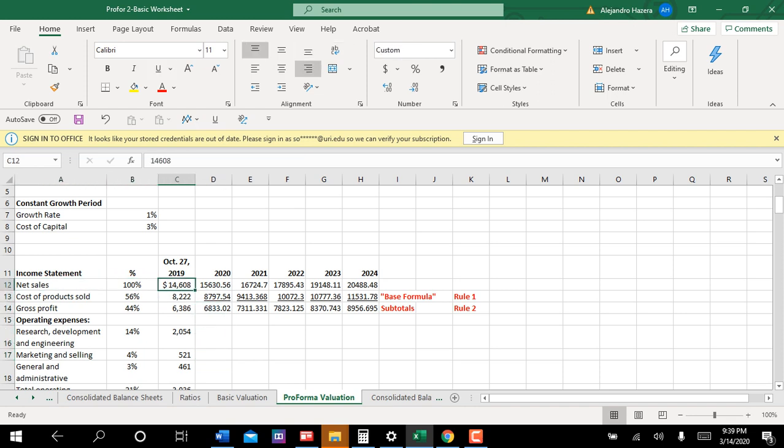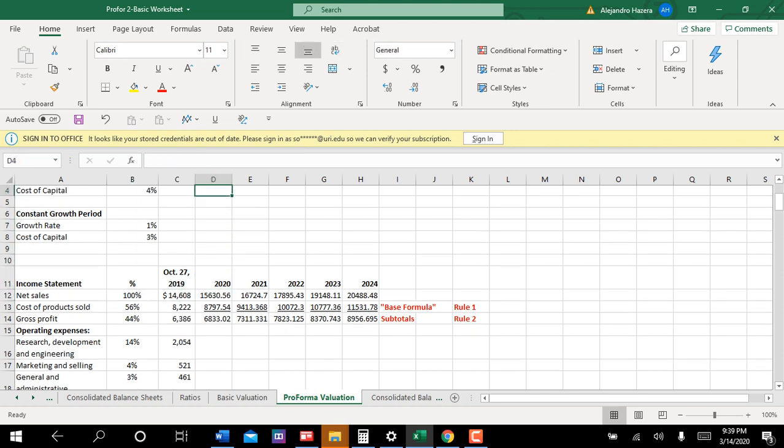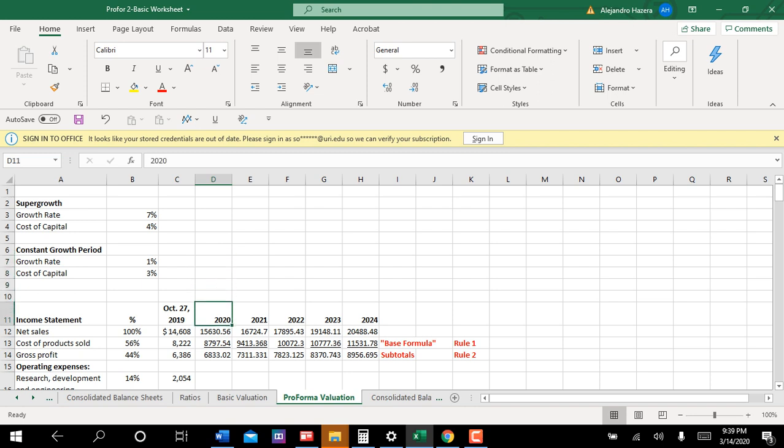We haven't finished these, but we've started the process by, first of all, computing our sales using the 7% growth rate. So just to review this, each sales number here is the previous year's sales number growing by 7%. Okay? And then this is the important part.